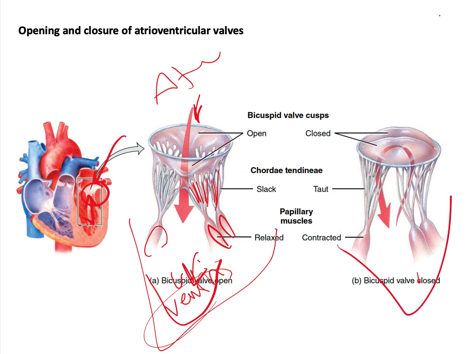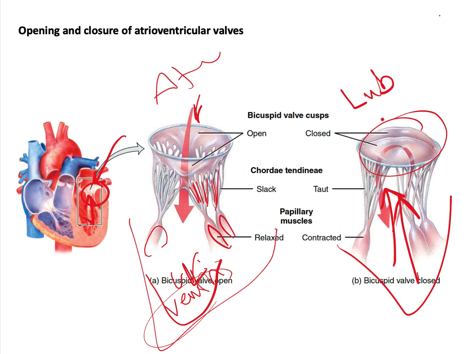Once the ventricle contracted, the blood will slam shut the valve and bring the two cusps against each other, and the valve will close, as you see here. When the cusps come against each other, they will create a kind of sound, known as lop.